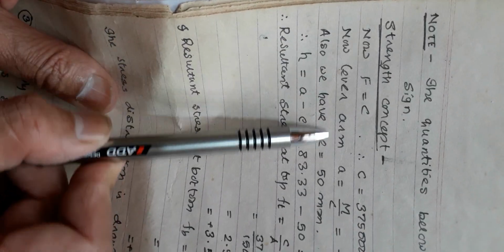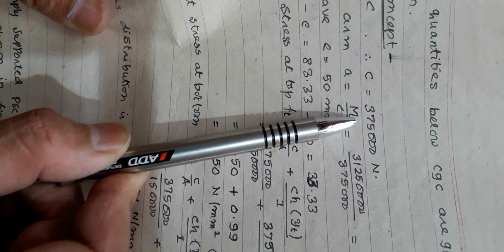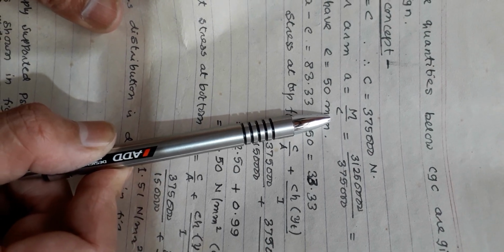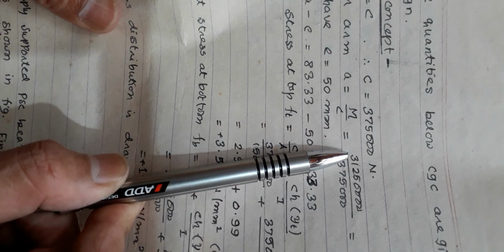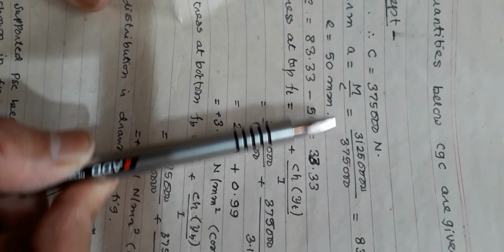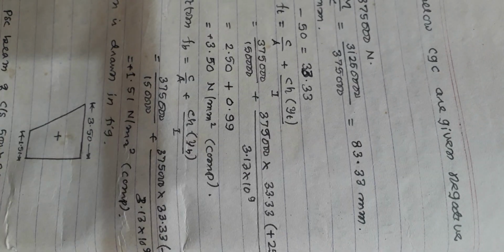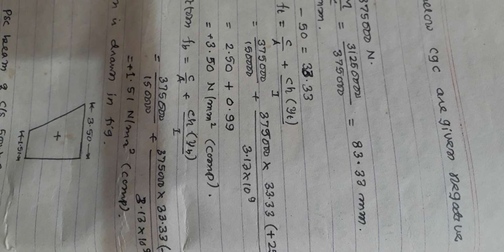So now lever arm is given by a is equal to M by C. Am I right now? In our strength concept, you know that lever arm a is given by M by C. So M I know and C value I know. So it will give me lever arm a as 83.33 mm.